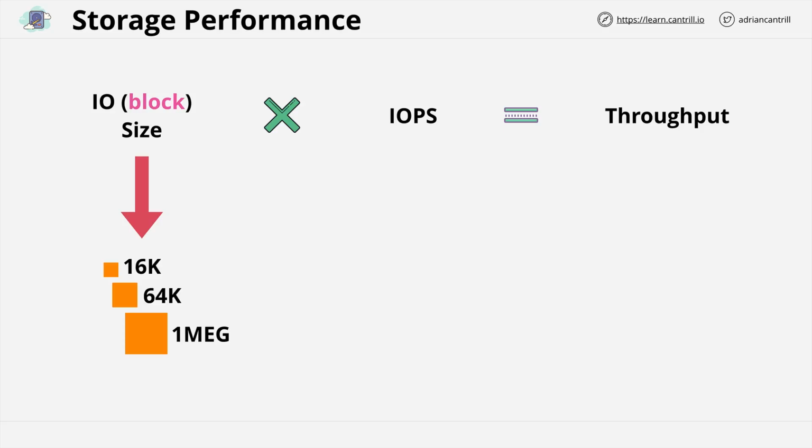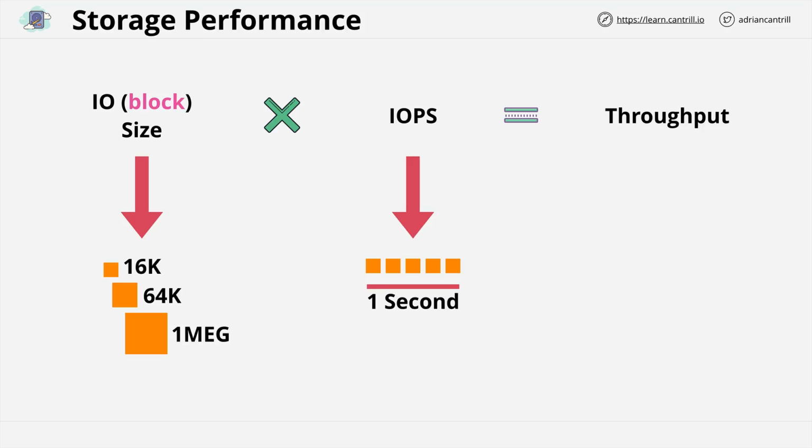Now, IOPS measures the number of I/O operations the storage system can support in a second. So how many reads or writes that a disk or a storage system can accommodate in a second. Using the car analogy, it's the revolutions per second that the engine can generate given its default wheel size.